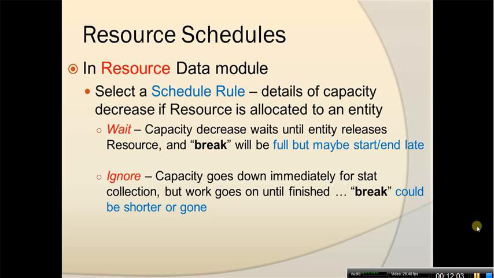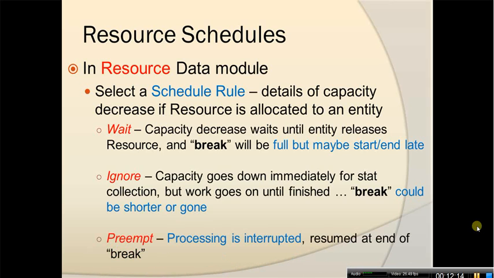And so the third rule is actually where we don't wait and we don't ignore, but it's preemptive break. So preempt is when processing is interrupted, and the break is taken right away, and then it's resumed at the end of the break.